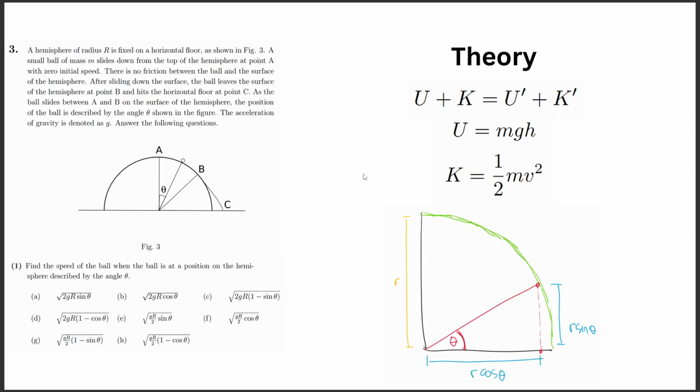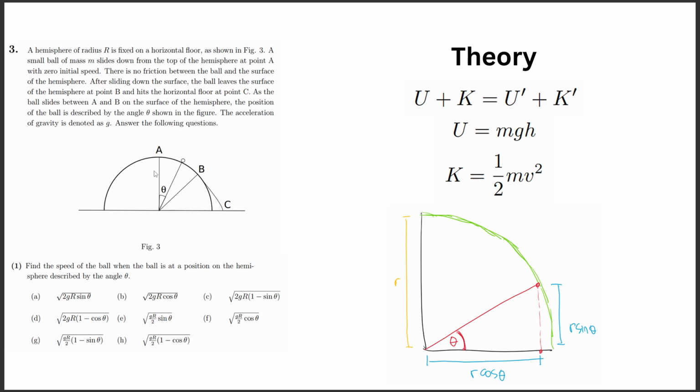So what you have to know is the conservation of mechanical energy. The potential energy plus the kinetic energy before is equal to the potential energy and kinetic energy after.